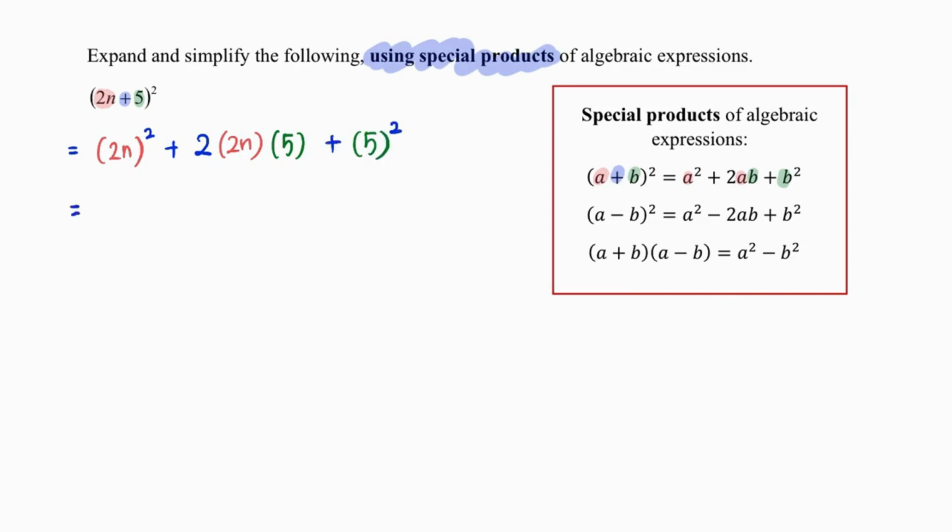After that, continue to simplify. 2n square is 2n times 2n, so it's 2 times 2, 4, n times n, n square. So from here also 2 times 2 is 4, 4 times 5 is 20. Still got my n down there. 5 square is 5 times 5, 25, and we are done with this question.